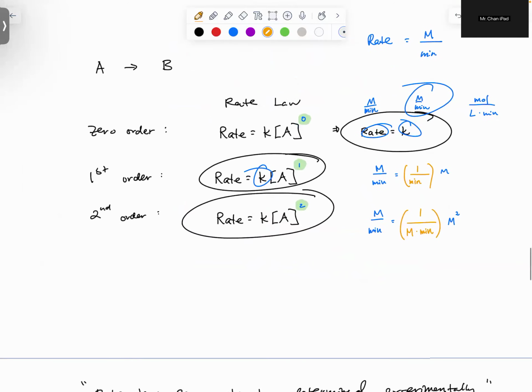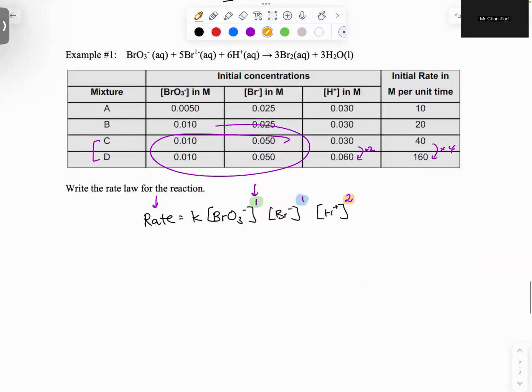Good. All right. So now the next question of this problem is, what is the value of K? What you would do is pick any set of reactions, because K shall be the same for all four trials. So let's just use the first row. We have 0.03, 0.025, 0.005.